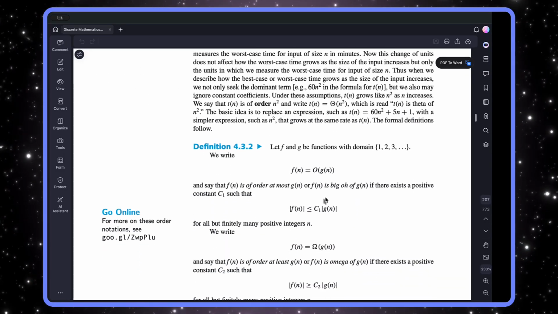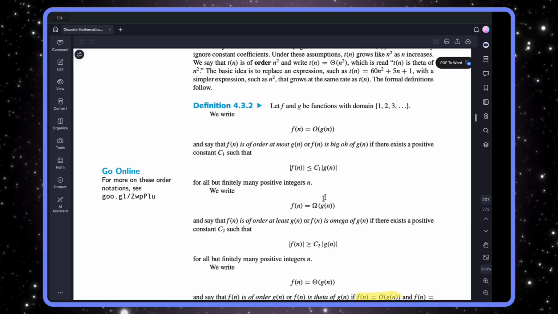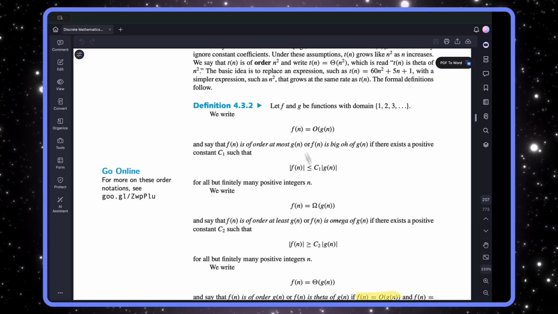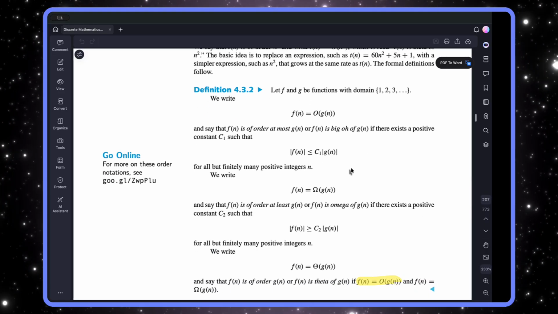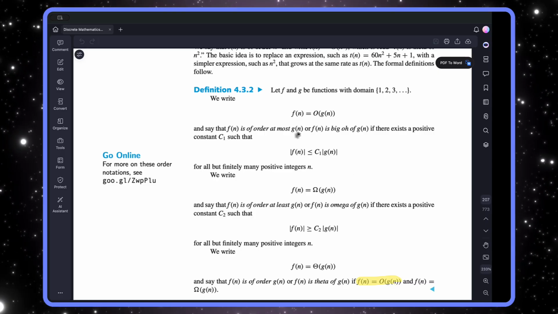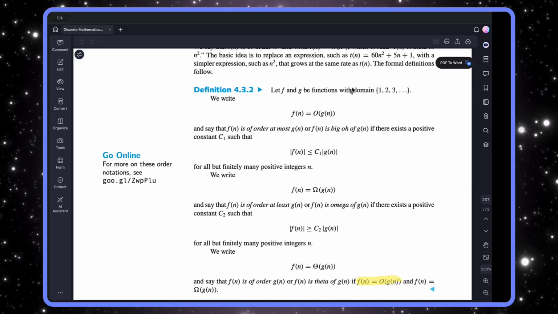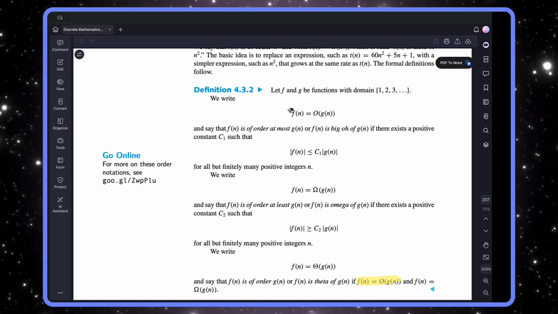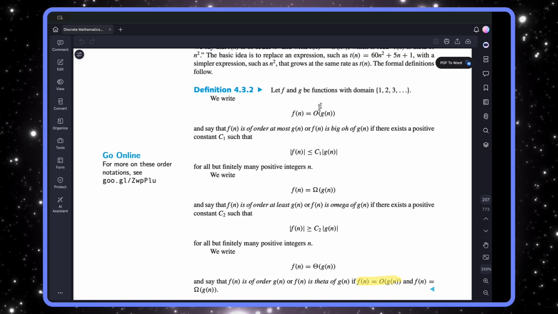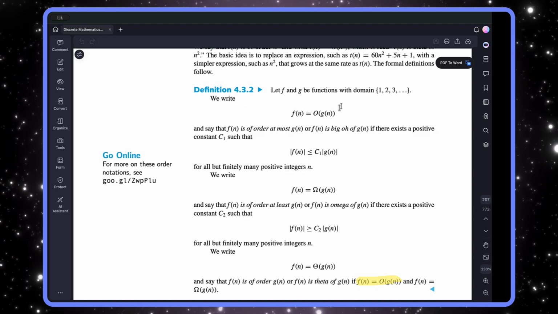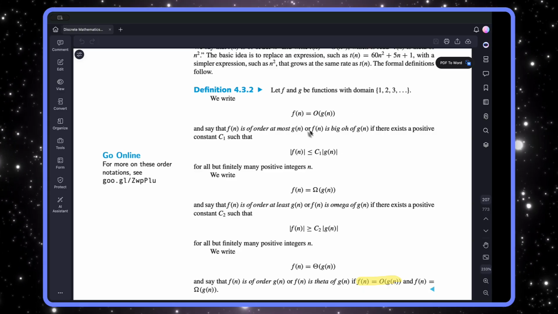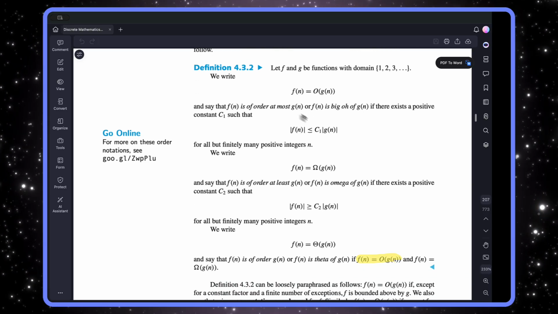So let's look at that. Here's the definition, and here's how we do it. This is kind of a long definition, but essentially it's what has to happen. Okay, so here's the deal. If f and g are functions with the integers as domain, we write that f of n is big O of g of n if this inequality is satisfied.